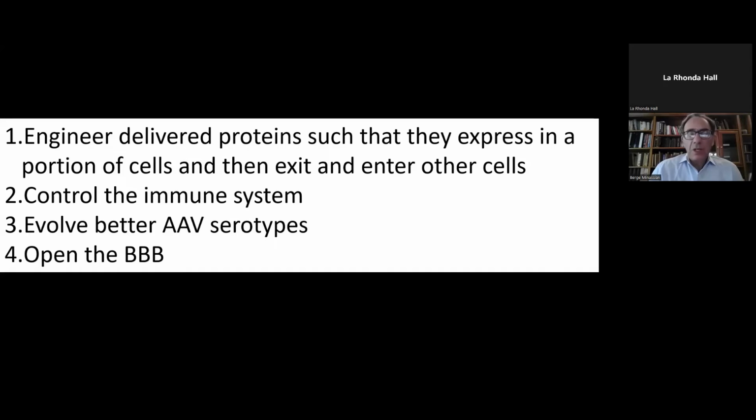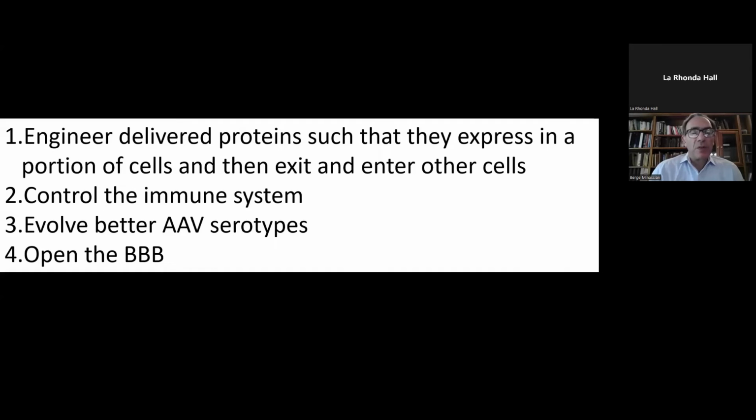The reason is because we give a very large amount of virus in gene therapy, 1 × 10^15, a quadrillion virus particles. And although the immune system doesn't mind this virus normally, when it sees such a huge amount of virus, it will react.